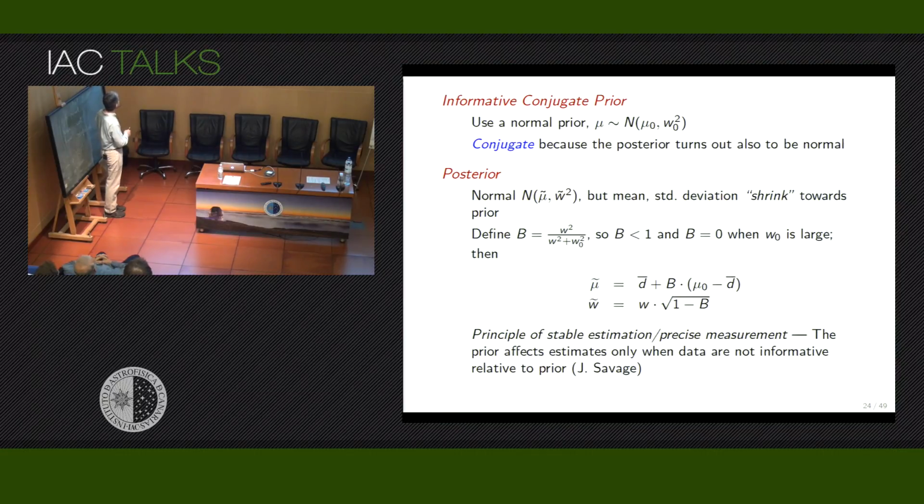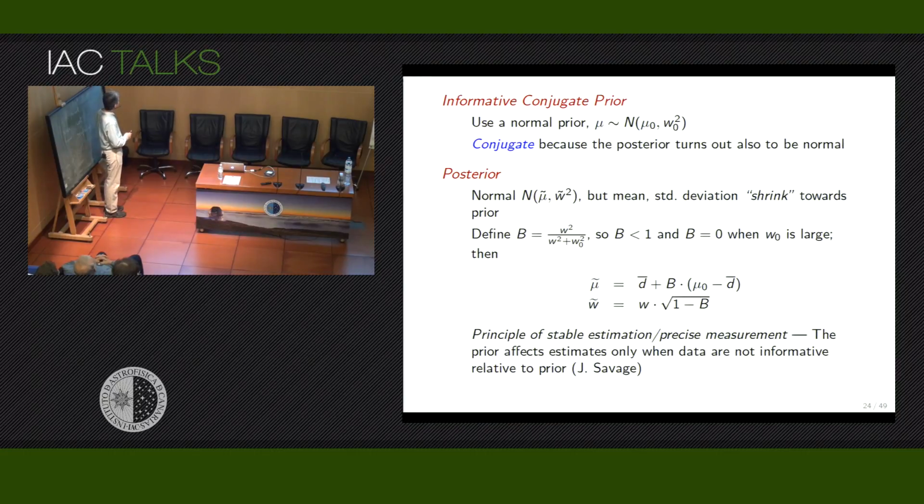Right. And when w0 gets very small, then b is 1. So in terms of this constant b, mu twiddle is the sample mean plus b times the prior mean minus the sample mean. In other words, when I have this prior at mu naught, I get pulled a little towards that mu naught.